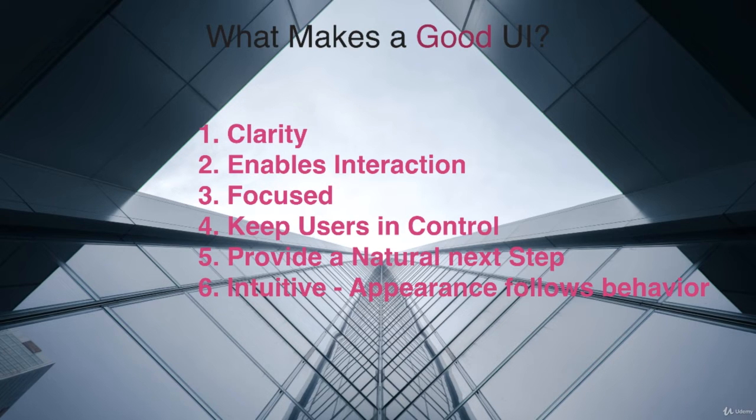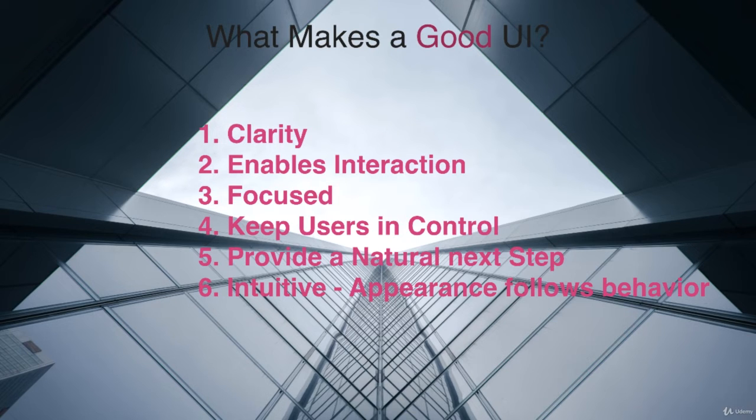But if that doesn't happen, then we are not making this natural second step natural. So we are breaking the cycle, if you will. You have to make sure that the user interface provides a natural second step. Users need to know intuitively what comes next as they interact with your device or application.